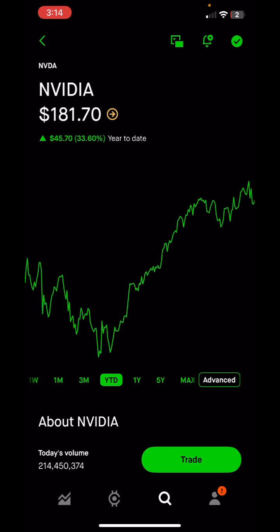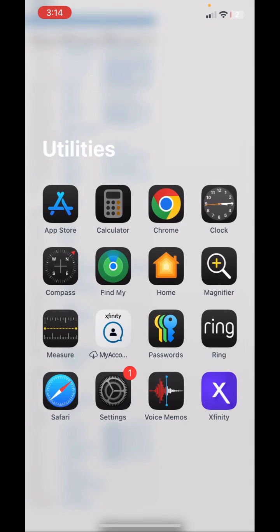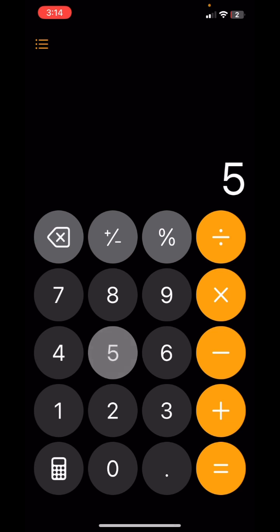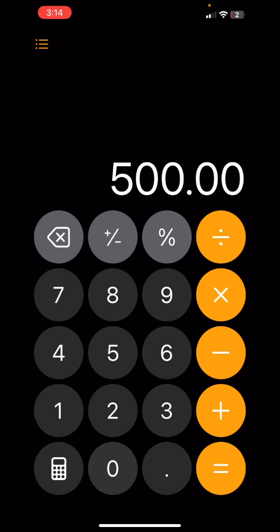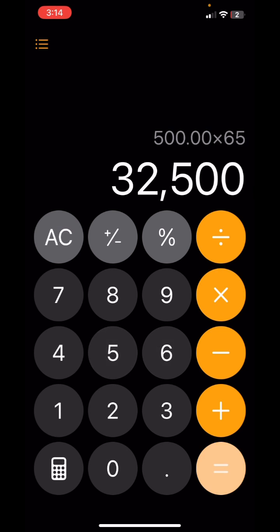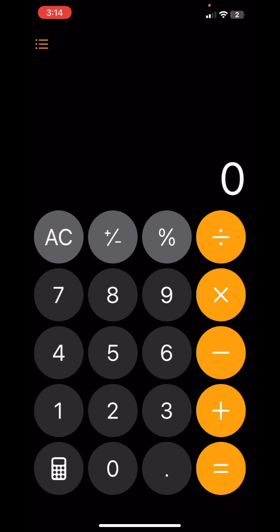So just say by the end of 2 months, it's at $200. So that'll be like a $64 move. So 500. Yeah, $65.